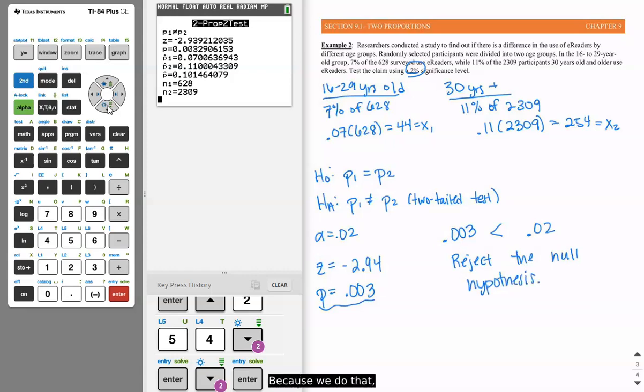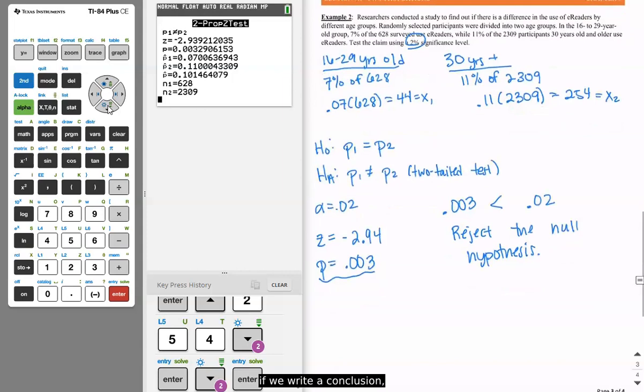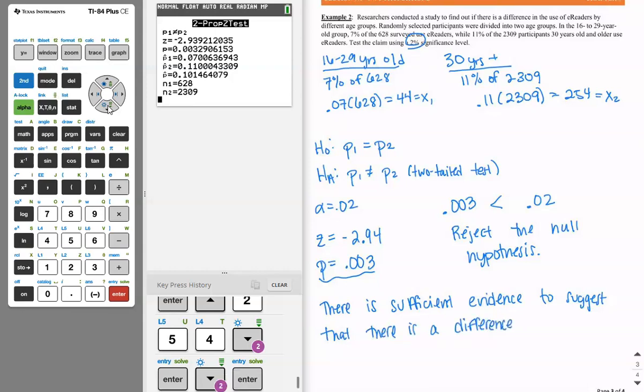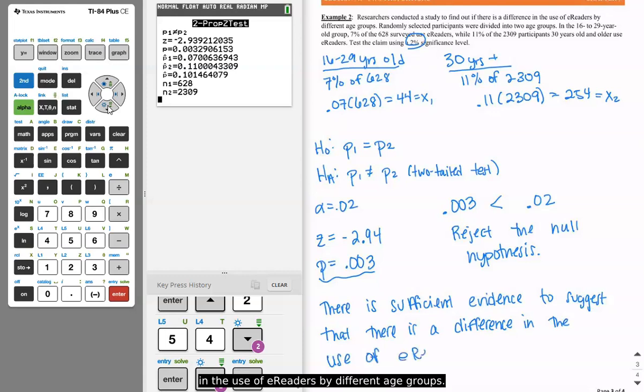Okay, so because we do that, if we write a conclusion, we could say there is sufficient evidence to suggest that there is a difference in the use of e-readers by different age groups.